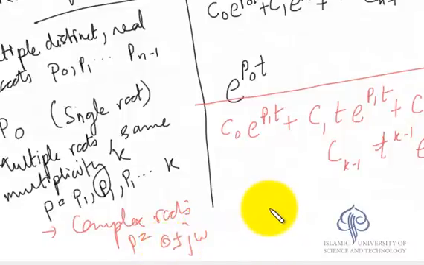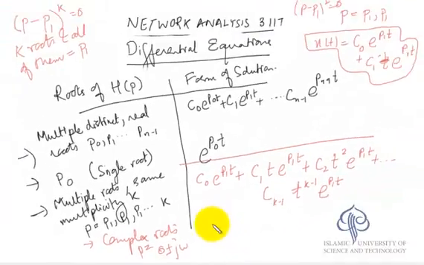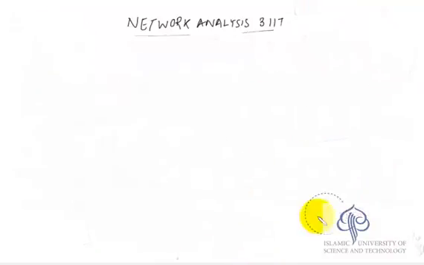In that case, the solution can be written simply as m1 e to the power sigma t cos omega t plus m2 e to the power sigma t sin omega t, or you can also write it in another form.